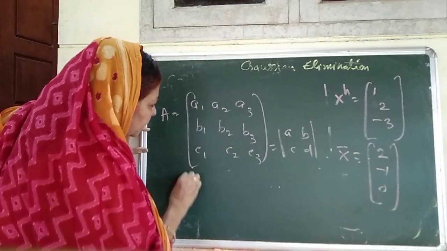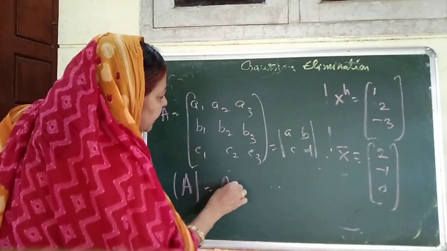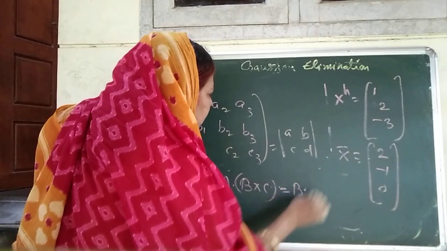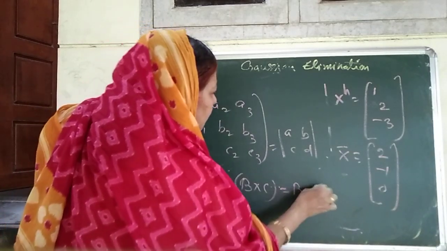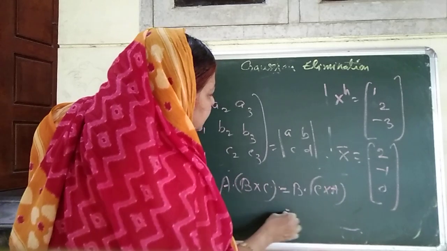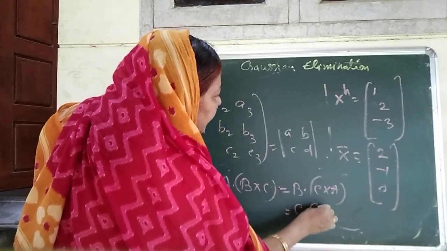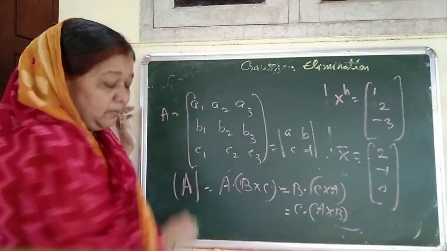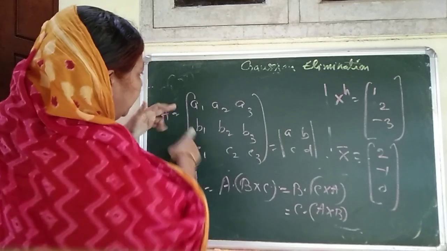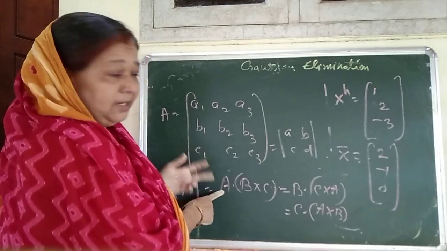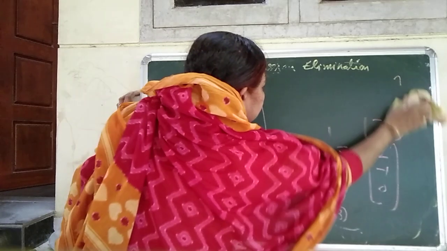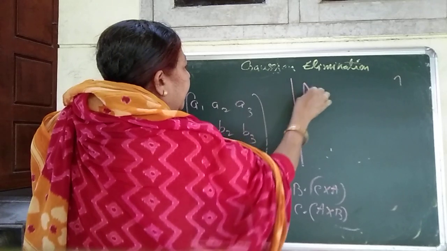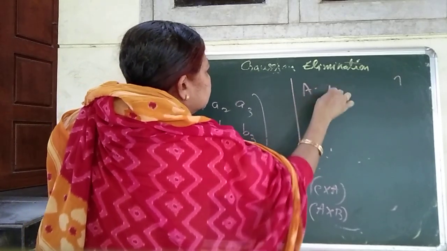Then the determinant is defined as A dot B cross C, which is the same as B dot C cross A, or C dot A cross B. This is the determinant, the value obtained from the vectors A, B, C. As we saw yesterday, it is A dot B cross C.